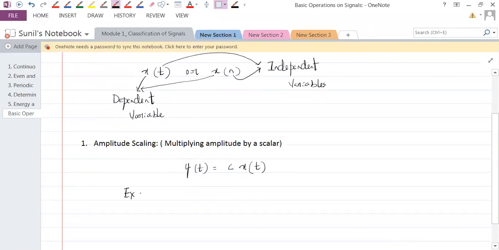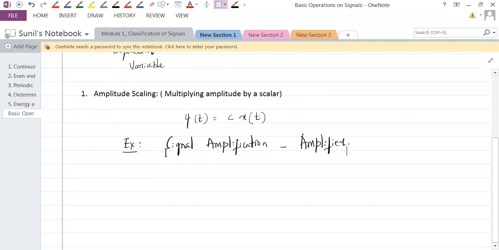Tell me what operation is happening if we scale the amplitude by number greater than 1. Amplification happens. So signal amplification is happening. And what is the device that we use for it? It's an amplifier. That's it. So this is one type of operation that we can perform on a signal, that is amplitude scaling.